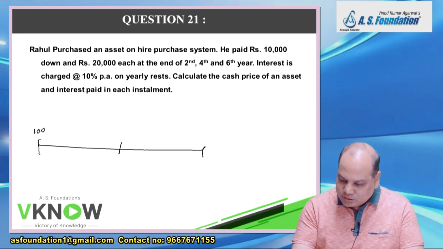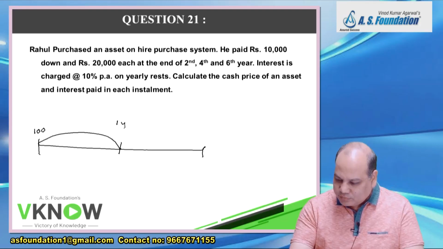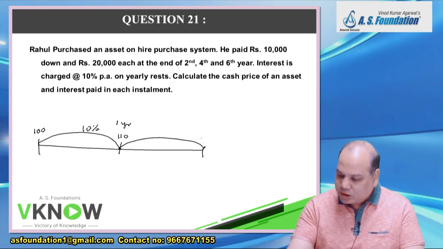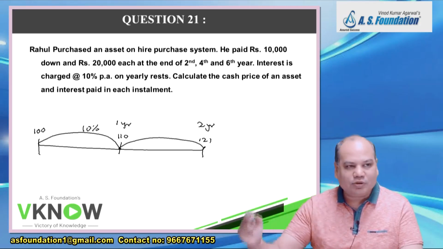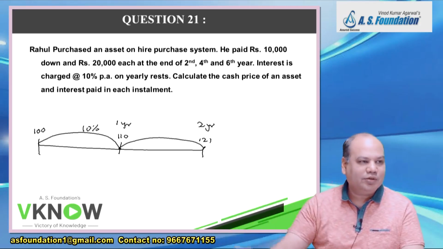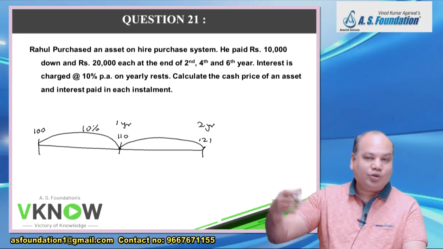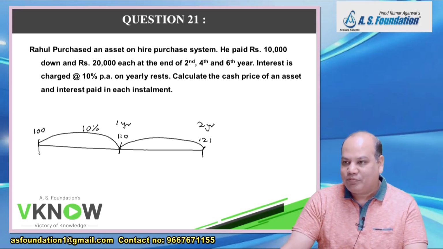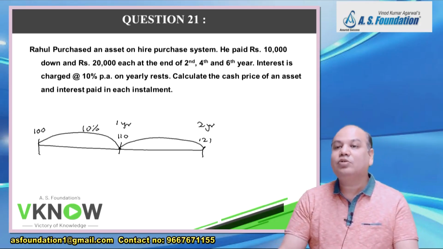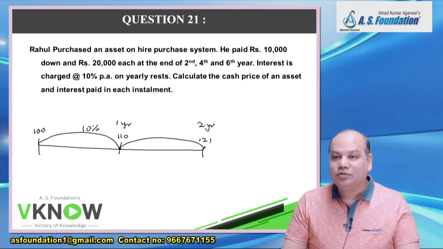Your 100 rupees after 1 year will become 110, and 110 after 2 years will become 121, because here the interest is calculated yearly but you are paying after 2 years. So, interest on interest will also be charged in the second year.